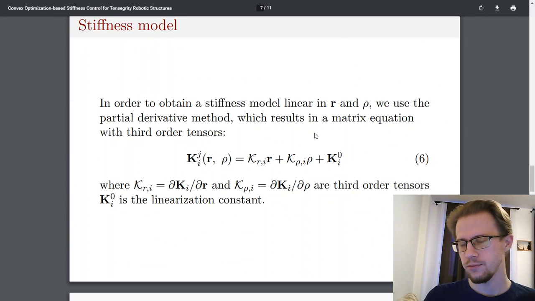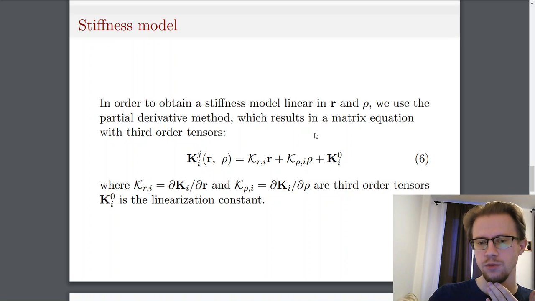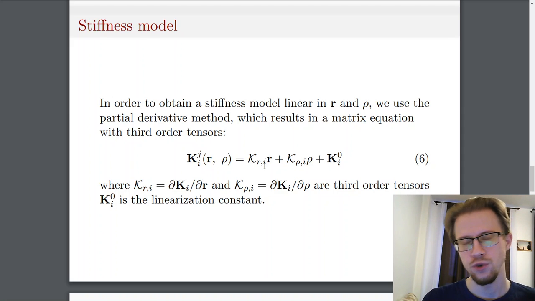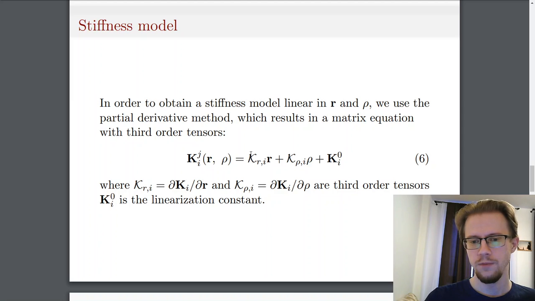Now let us discuss the stiffness model. The stiffness model is actually pretty simple. It is simply the first two terms again in the Taylor expansion of the exact stiffness model, except here, since stiffness is a matrix, those would be tensors, and they will be multiplied by parameters.